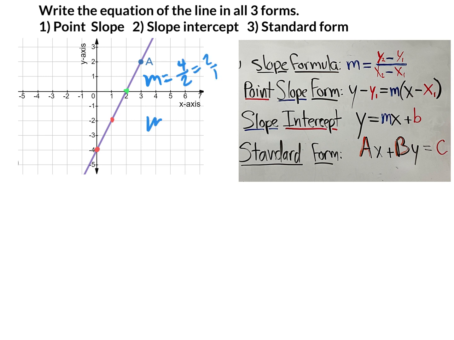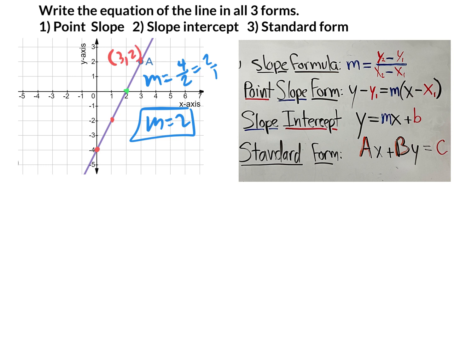So still, the slope is 2. So just by looking at this line, I know that my slope is 2. And if I wanted to write it in point slope form, all I have to do is pick a point. So like, let's say we use this point that they labeled as A. That's the location 3, 2, right? This point A is 3, 2.